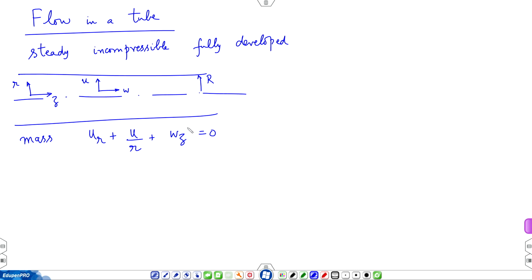Just recall that a term such as w_z is a partial derivative. Similarly, u_r is the partial derivative of u with r. This is del dot u equal to 0 in the RZ coordinate system.